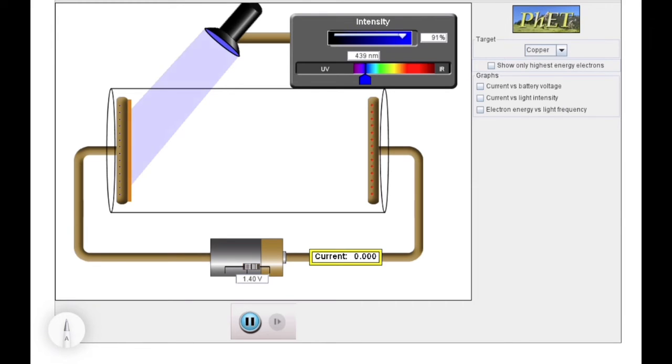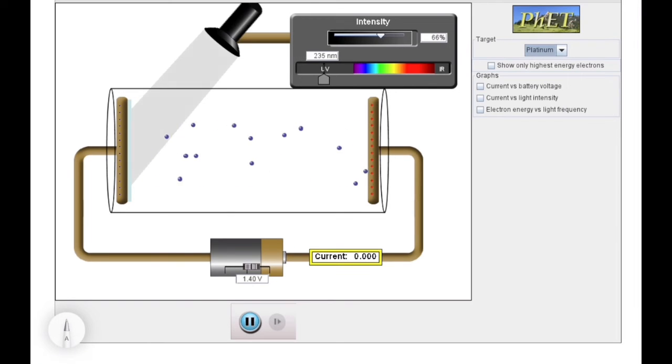So if we increase the intensity, there is no electron emitted. So the frequency really needs to be very high, at UV light, so that the electron can be ejected. Let's see platinum.